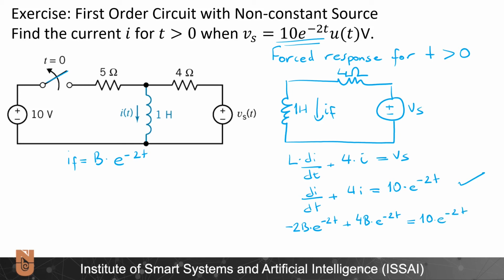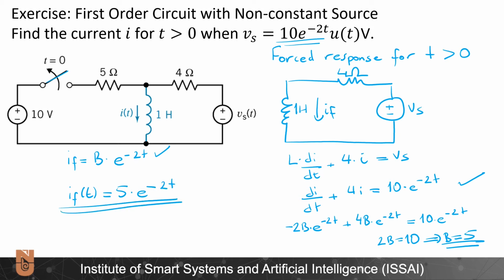So from here I get 2b is equal to 10 and I find b is equal to 5. Since the only unknown in this equation is b, I found my forced response for the circuit for t greater than 0. i_F(t) is equal to 5 times e to the minus 2t.